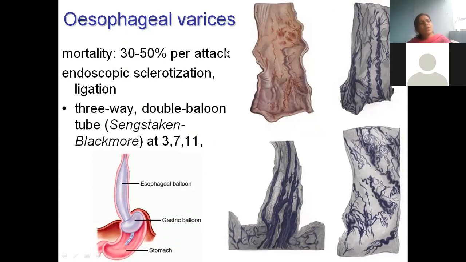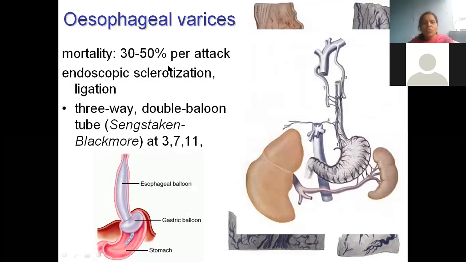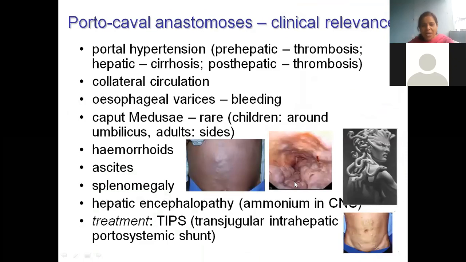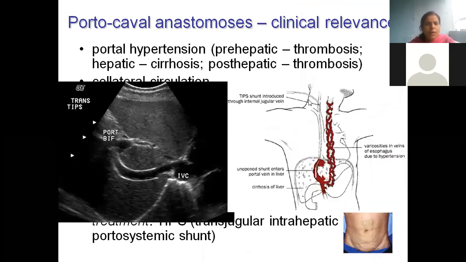Again, if there is portal hypertension, these blood vessels may rupture and the patient may come to us with blood vomiting. That condition is called esophageal varices. That means the porta-caval anastomosis at the esophagus is rupturing and the patient is presenting with blood vomiting. You call that condition esophageal varices.